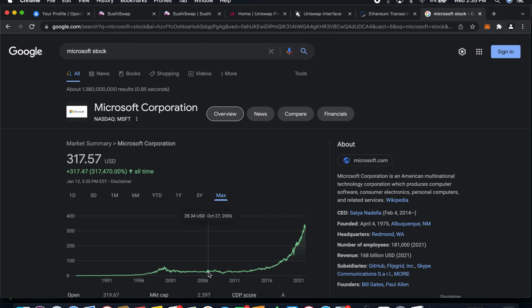Look at this. Investing in 2003 was probably a lot more inconvenient. You couldn't log in and press a button, but they were able to buy Microsoft's stock at $26 versus 319, right? So you pay a price for inconvenience right now because crypto is so new, but we're getting in at the best prices. You know what I'm saying?